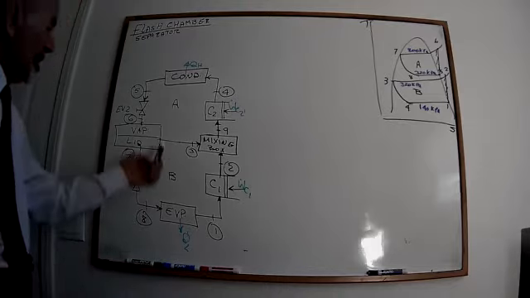Now, as you can see, a lot of things are changing as far as the mass balance equation is concerned. Let's say here we have M9 equal to M4 equal to M5 equal to M6. That is at the top.